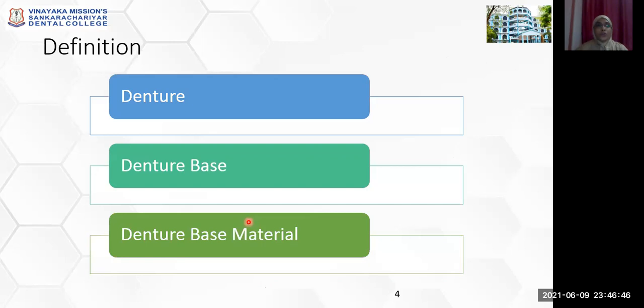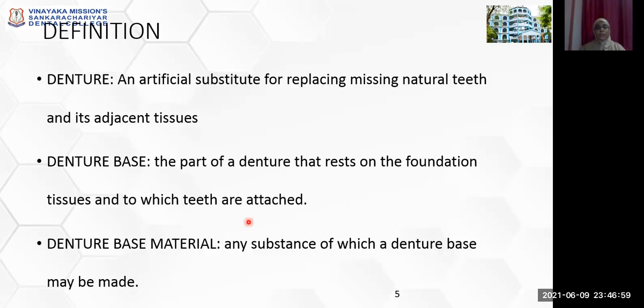Before getting into denture base resins, another thing you have to understand is what a denture is, what a denture base is, and then the various denture base materials. So what is a denture? A denture is an artificial substitute for replacing the missing natural teeth and their adjacent tissues.